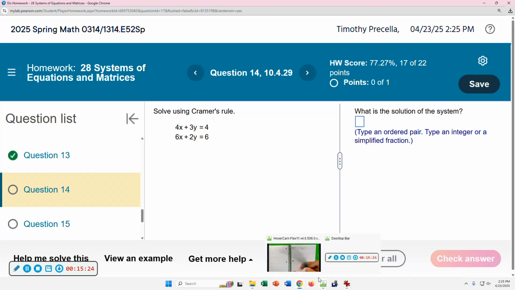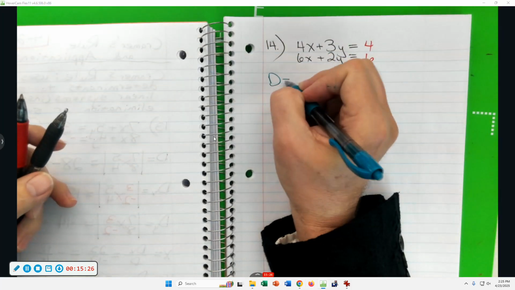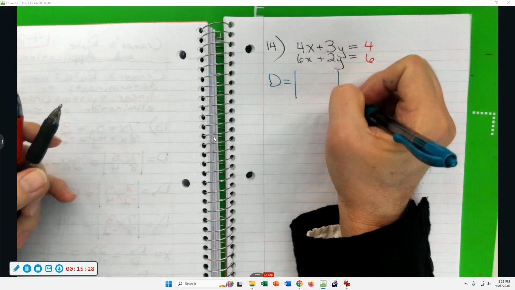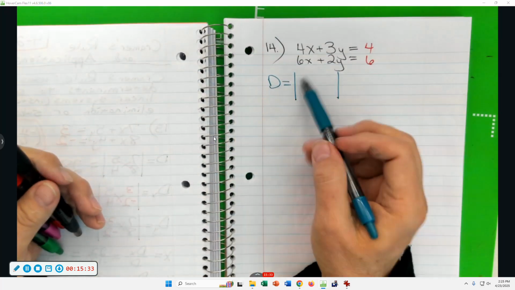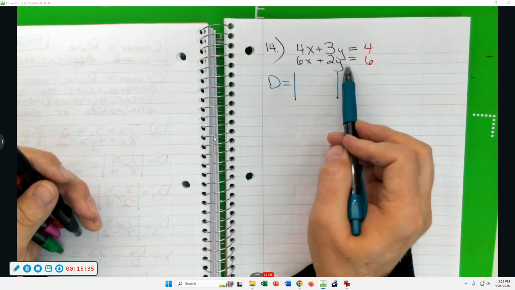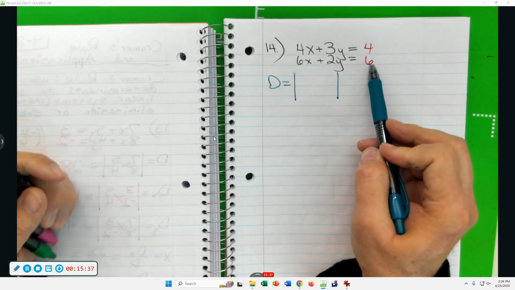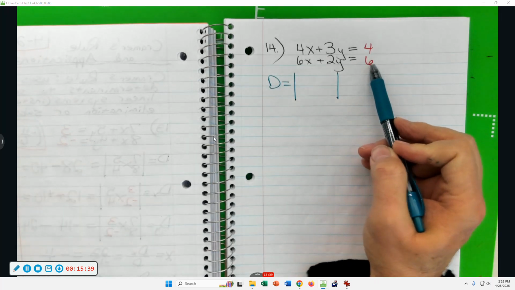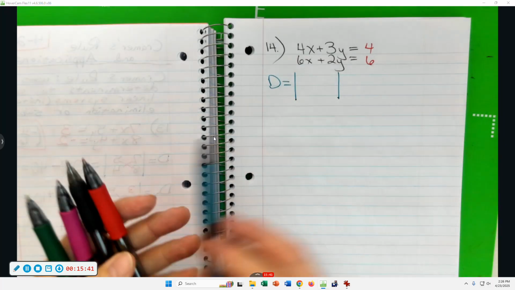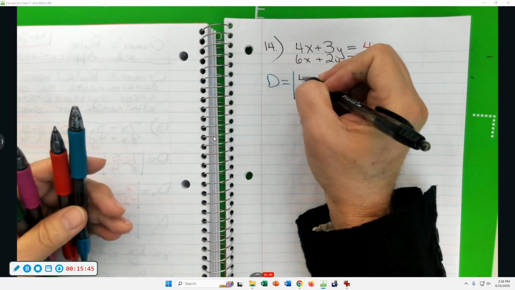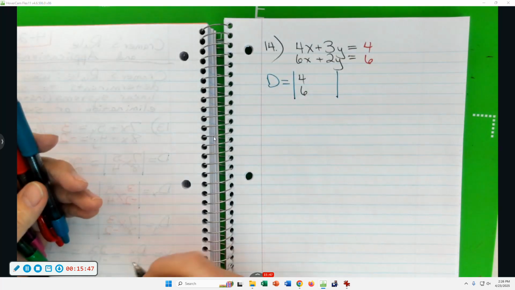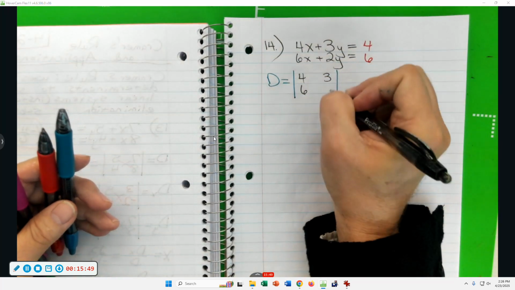So we'll start with the coefficient determinant D. The determinant of the coefficient matrix. And once again, you have to have your like variables aligned. They are. You have to have your constants on the right-hand side. They are. So the coefficients for x are 4 and 6. The coefficients for y are 3 and 2.